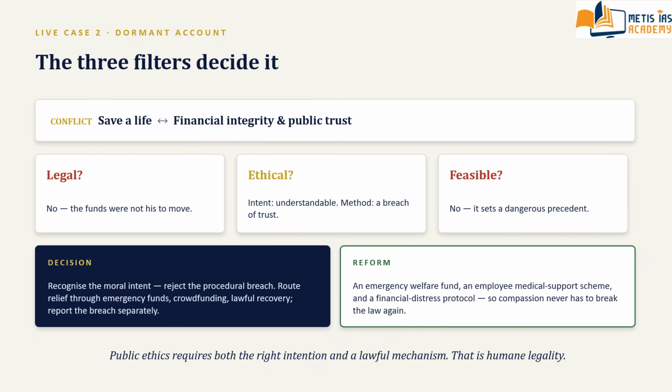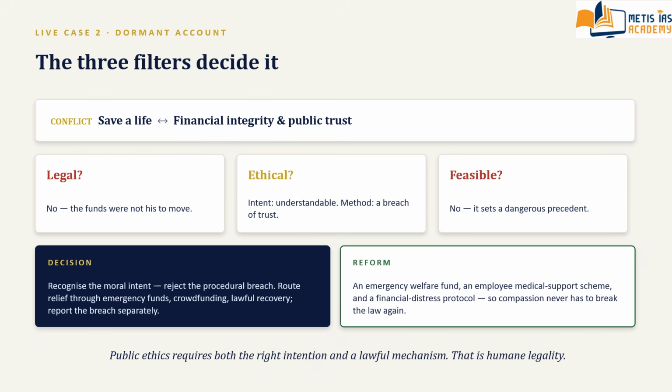For this you are going to apply the filter: legal, no; ethical, intent is ethically understandable; method is ethically problematic. So reject procedural breach, as the method is ethically problematic. Feasible, but a dangerous precedent. So what should be the decision here?